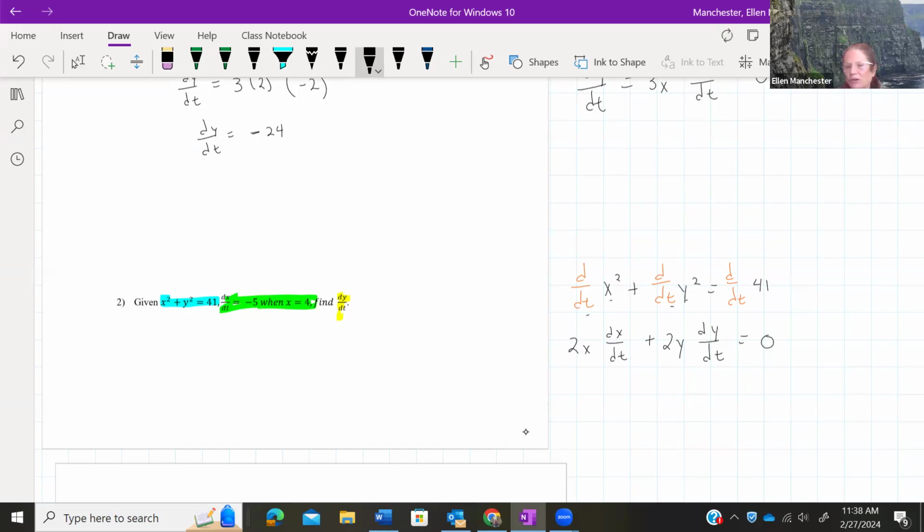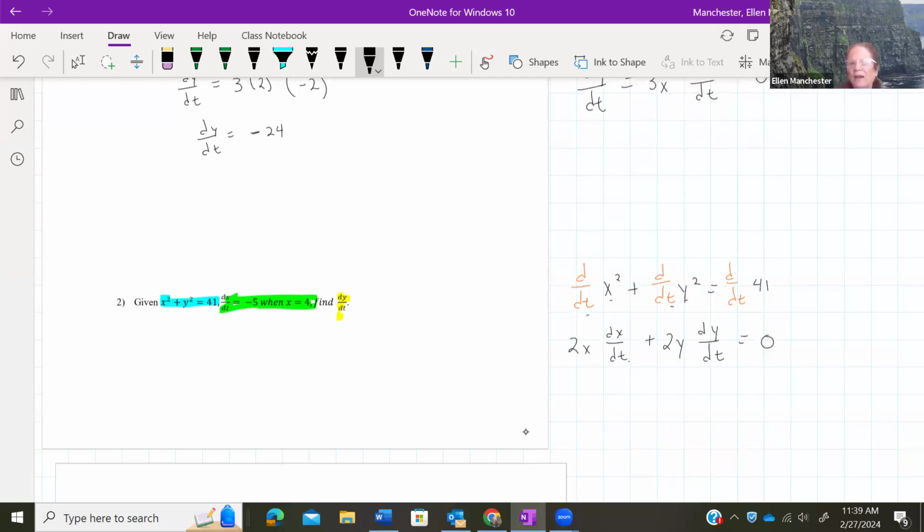Okay, that's never going to go away. Because what you're doing is you're finding a derivative of x squared in terms of t. Well, you don't have a t here. So that gets taken care of here. The derivative of x in terms of t is right here. Here, I don't have a t. I only have a y squared. So this dy dt is taken care of. I'm finding the derivative of y in terms of t.